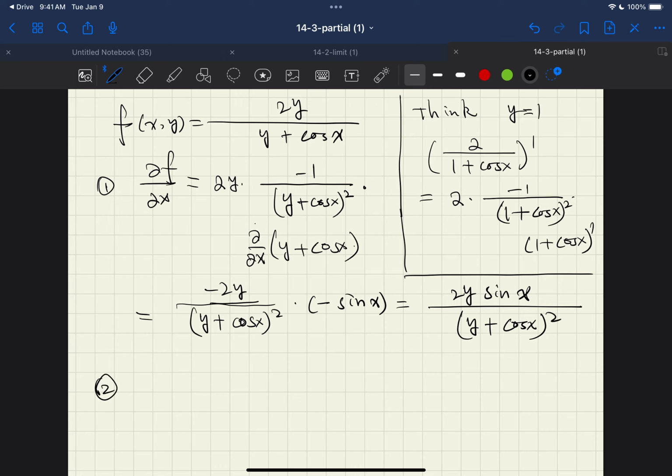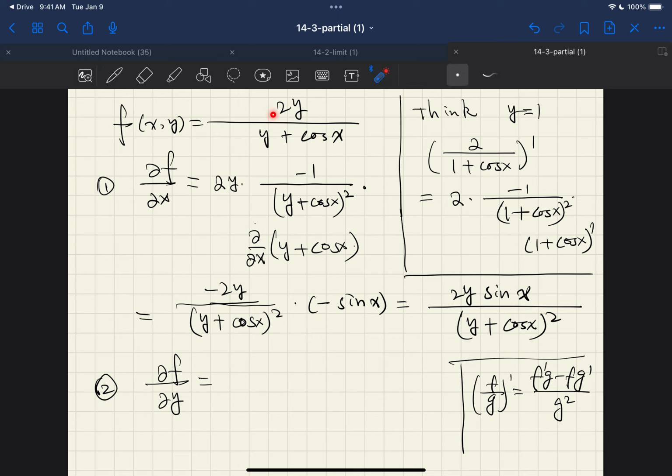So that's the end. And what about then partial f, partial y? In this case, we're going to use the quotient rule. If you recall the quotient rule, it's that (f over g) prime is (f prime g minus f g prime) over g squared. So we have f here, g here, and x is frozen.